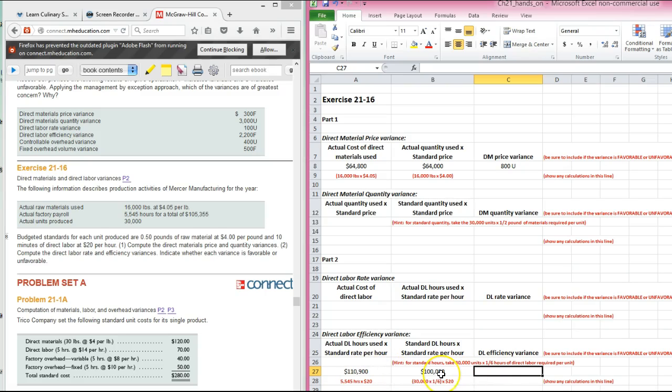If actual were less than the standard, we would have a favorable variance. So we have a $10,900 unfavorable because my actual hours were greater than my standard hours.